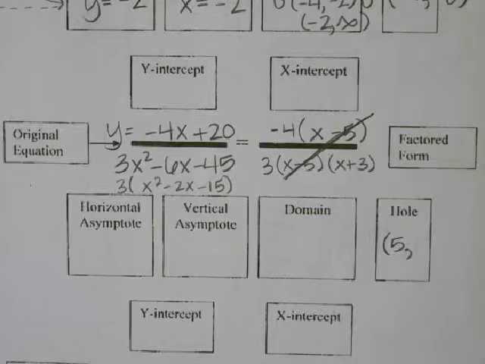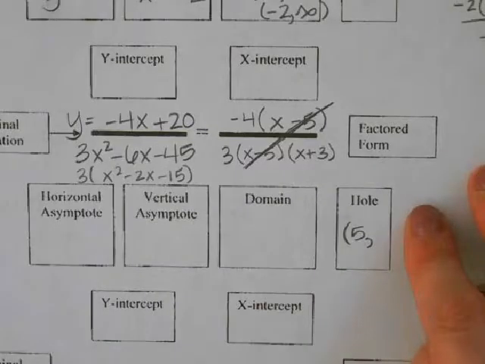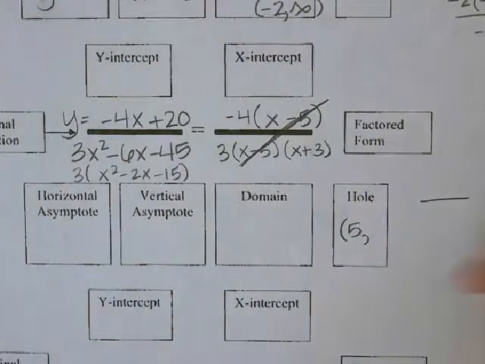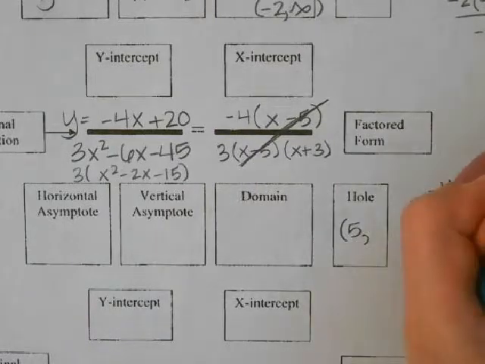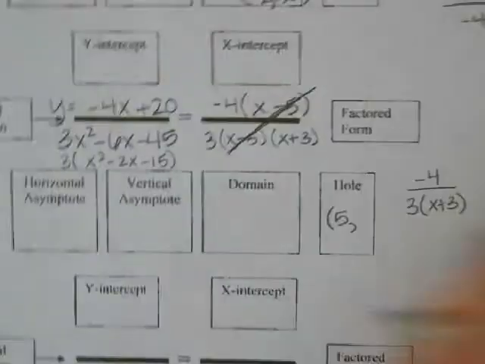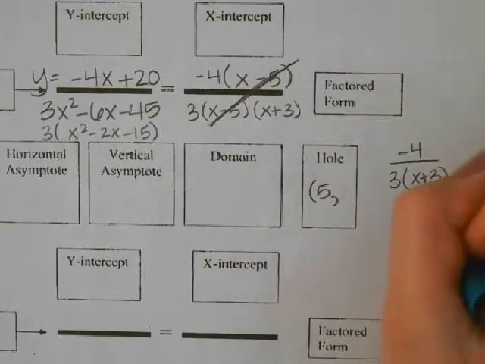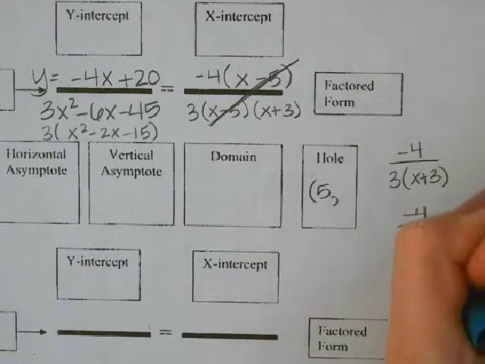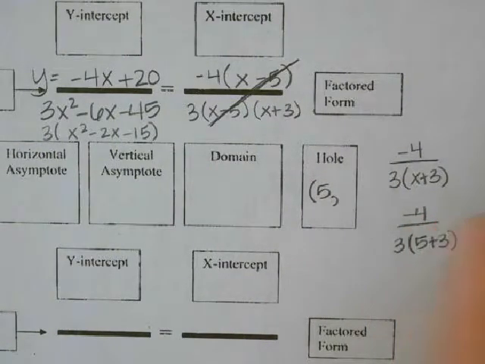What else do we see? We need to find the y coordinate of the hole, right? So what's left over on top? Negative 4x. And then on the bottom, 3 times 3x plus 9.